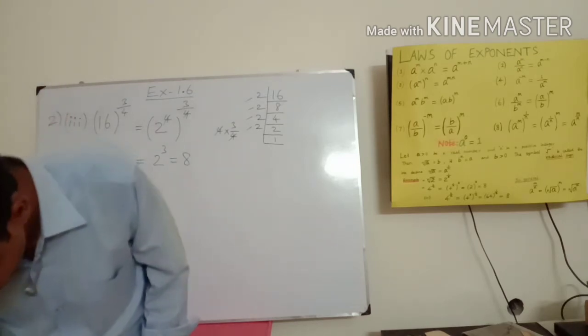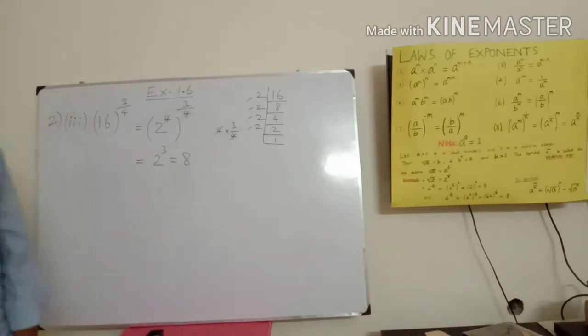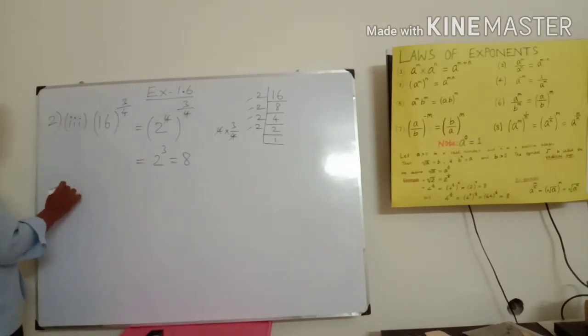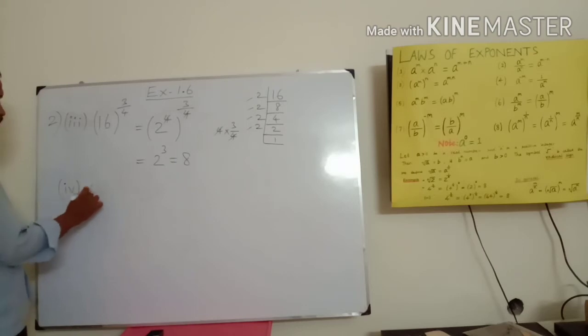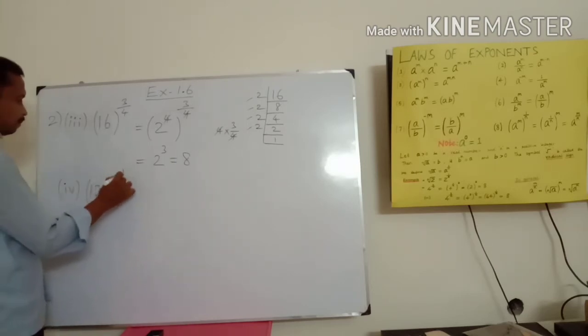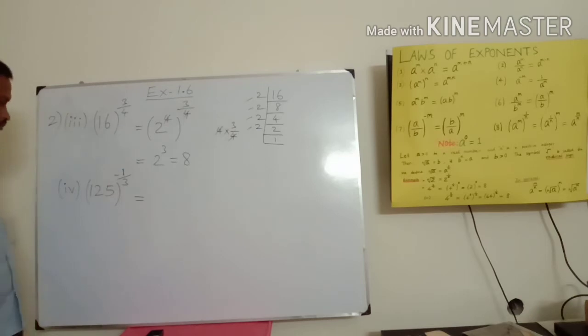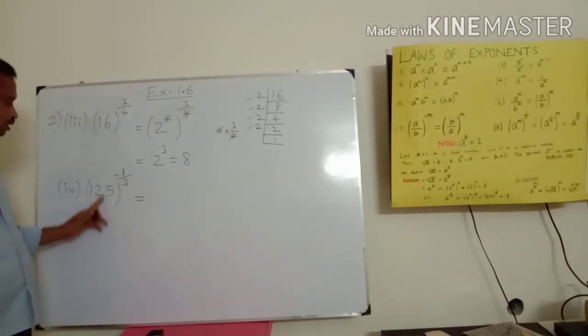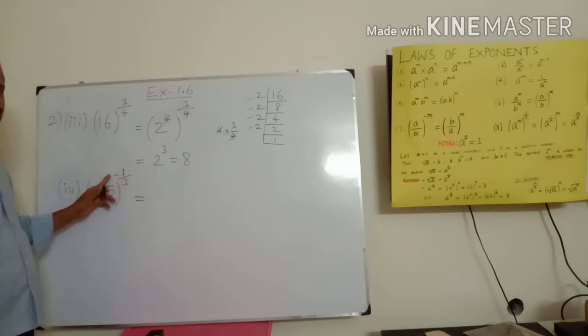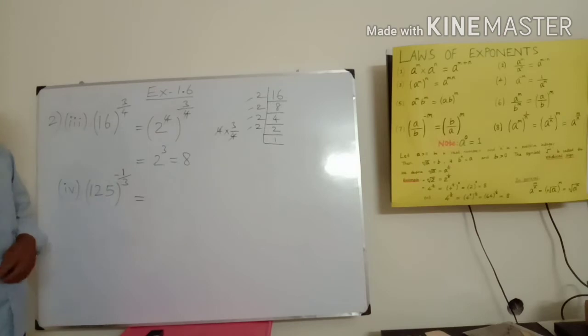The next one, 125 power minus 1 by 3. Now you listen here. Here the base is 125 and the exponent is minus 1 by 3. So it is a negative exponent.